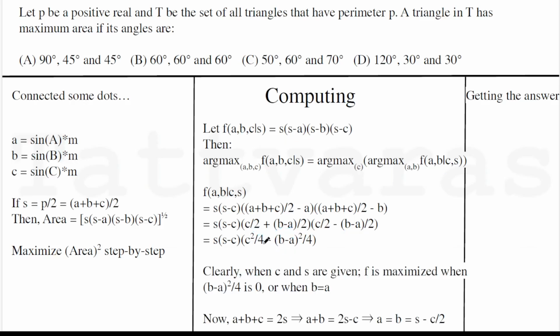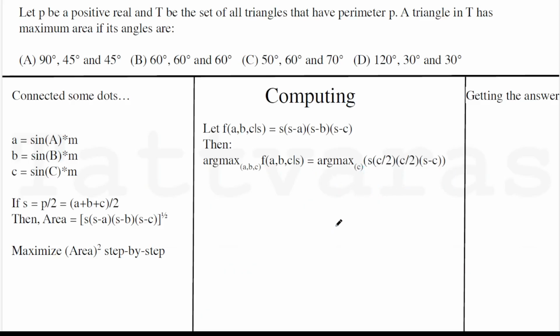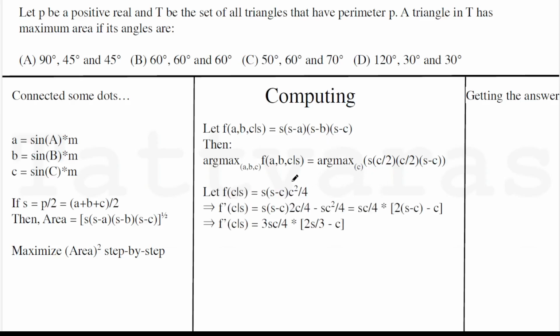And clearly, as c and s are known constants for this function, this thing is maximized when this term becomes 0, and that's only possible when b is equal to a. And then we can also find b and a in terms of s and c. So now that we have this part done, we can focus on this part. And we substitute these two with the values that we found previously. And then this could be our function.